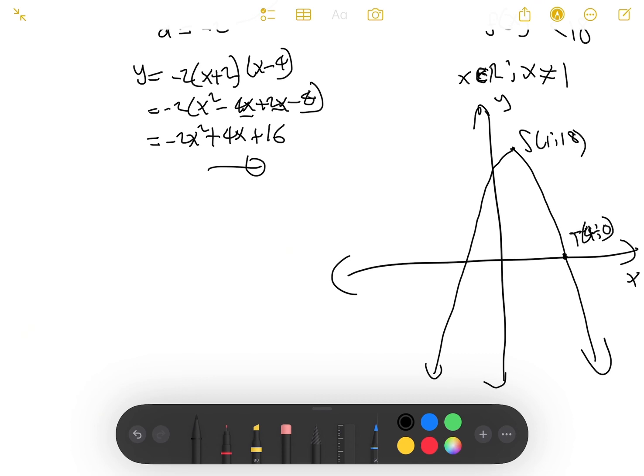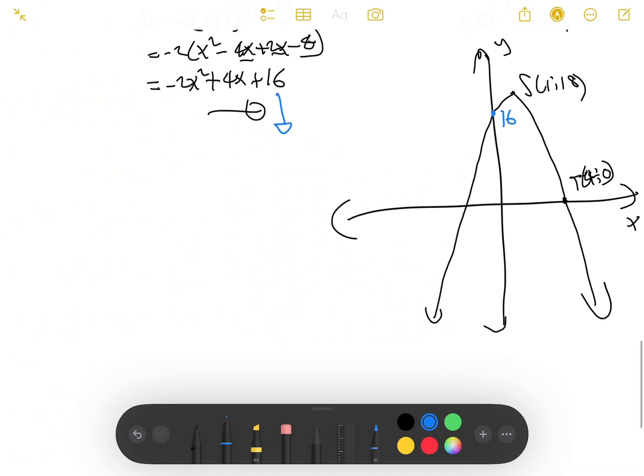Okay. And then also using this right here, we will note that should we find the y-intercept, our y-intercept will basically be what? It will basically be (0, 16), right? So think about it now.